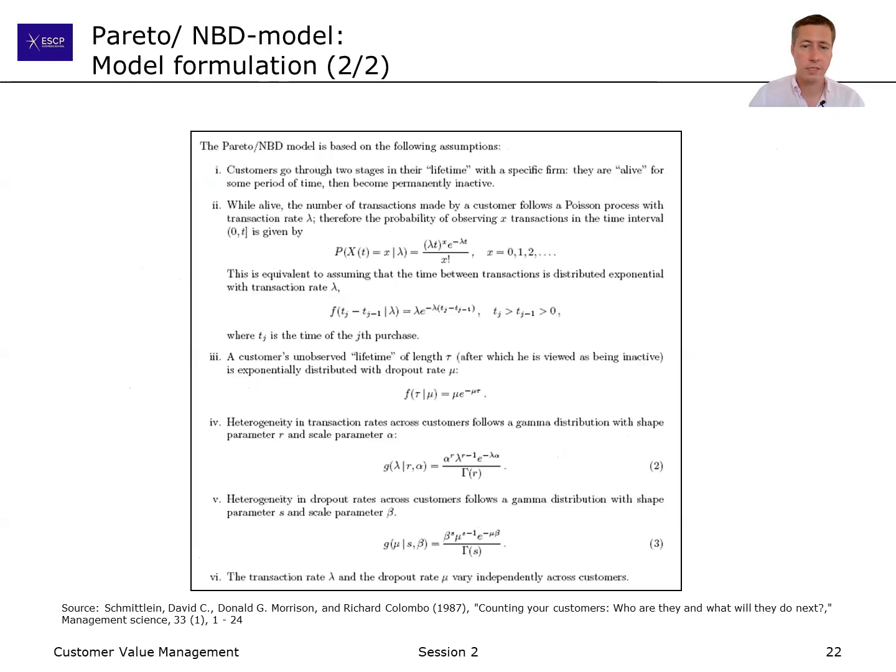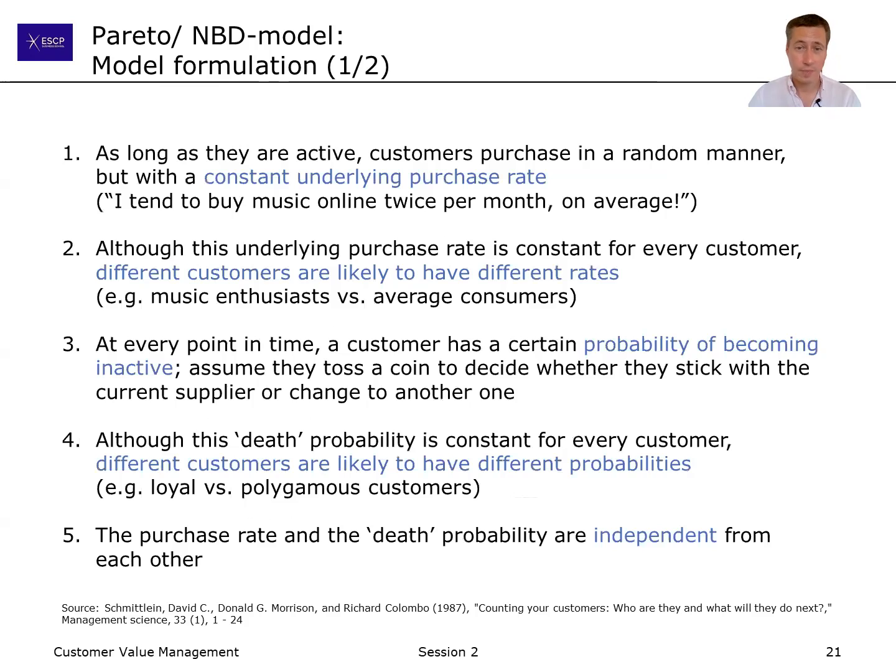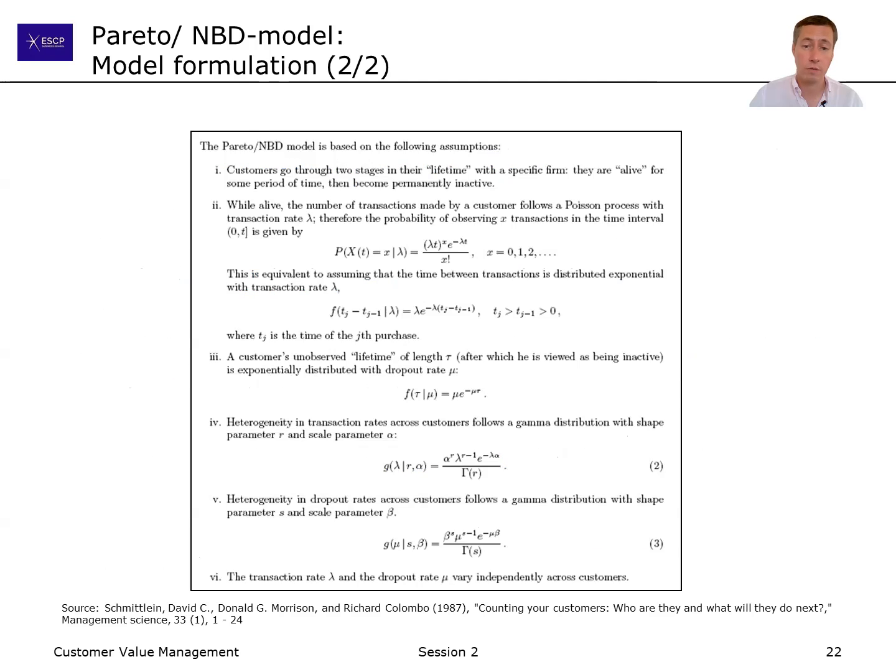Those of you who like statistics can look into the following slide. There's also an additional reading that explains this in more detail. Those of you who are not good in statistics, it doesn't really matter. What matters is that you can translate this story that seems very artificial into a series of equations. And then you can use those equations to estimate what people will do in the future to actually solve the question that we started with.